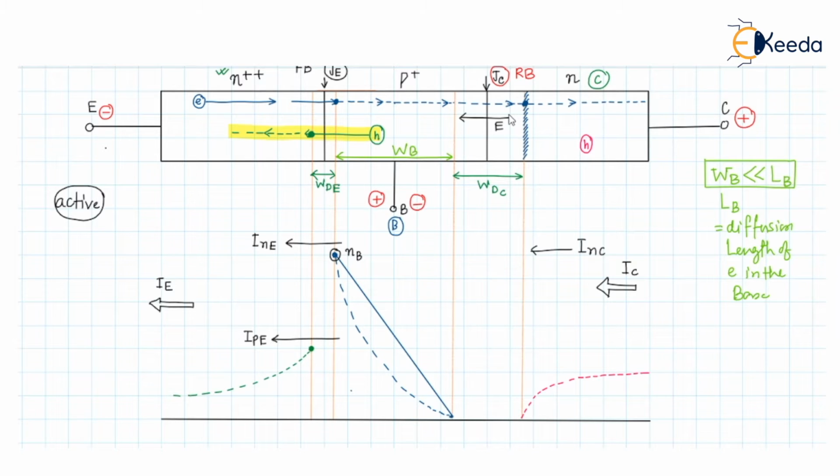NB can be defined as NB0 exponential VBE by VT, and NB0 is the electron concentration at the base at x equals 0.